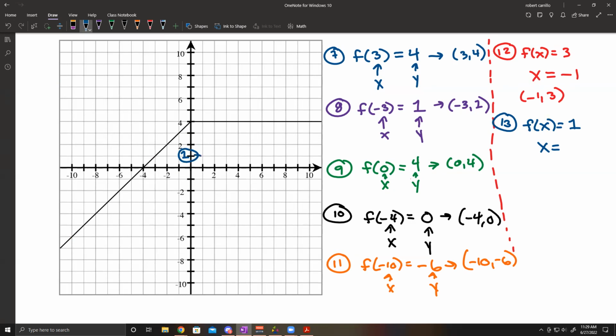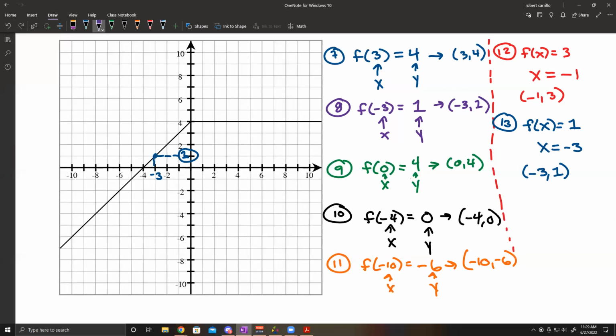So there's no graph to the right at 1, so we go to the left, and we connect with our graph when x is -3. There it is. And this would be the point -3, 1.